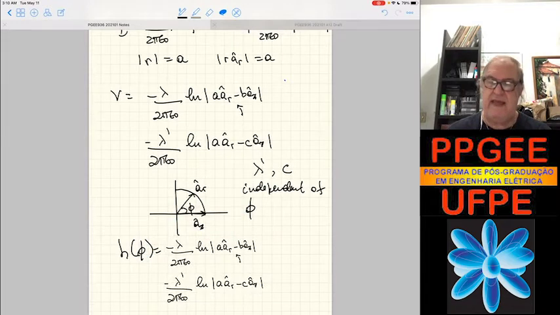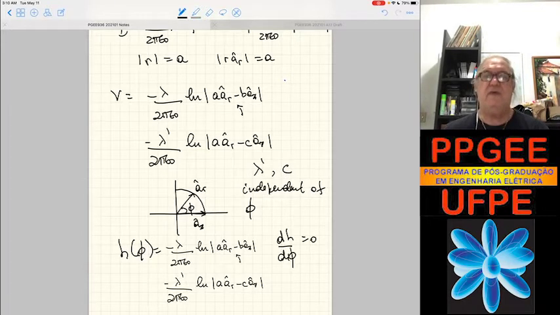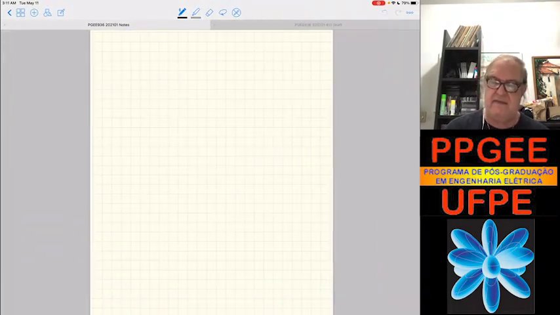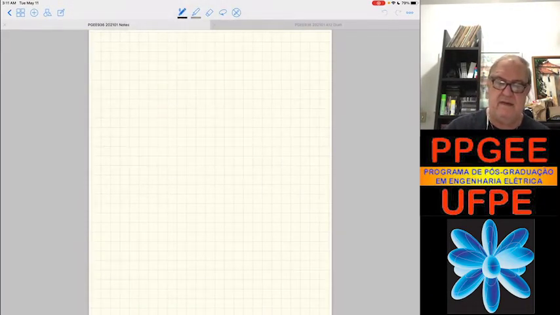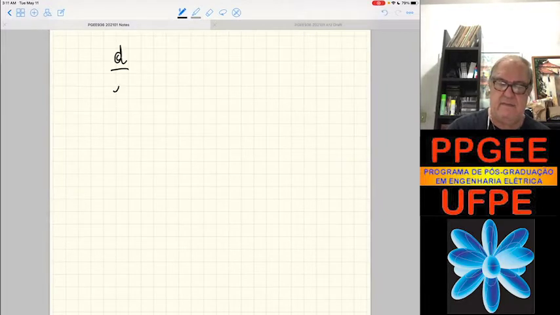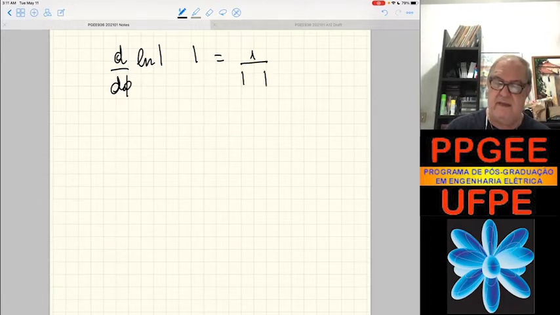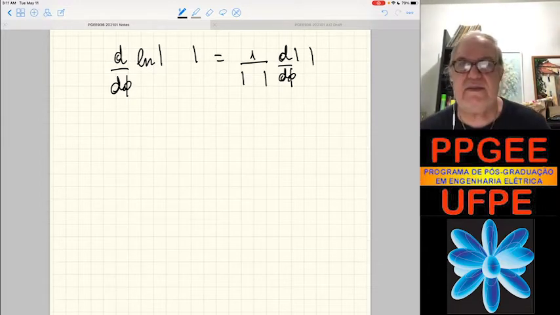We impose that h of phi has a 0 derivative. That's the technique that we employ here. So when you calculate the derivative of the log of the magnitude, it equals 1 over the magnitude times d d phi of the magnitude. That's how we do it.